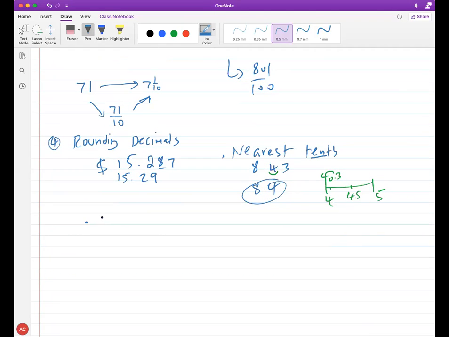Okay, so another one. Let's say maybe this time nearest 10,000ths. And I'll give you some number. So we have, for example, all these useless numbers.